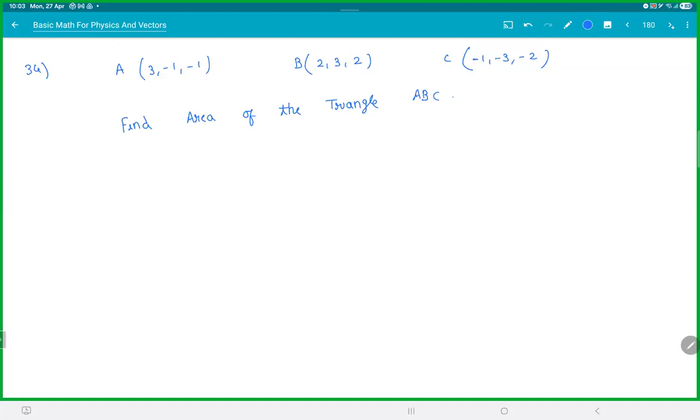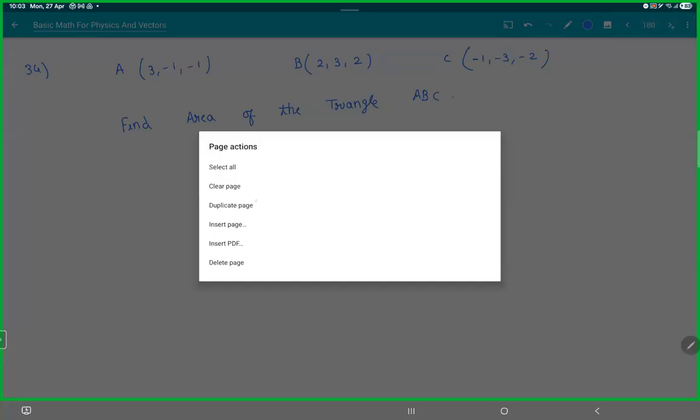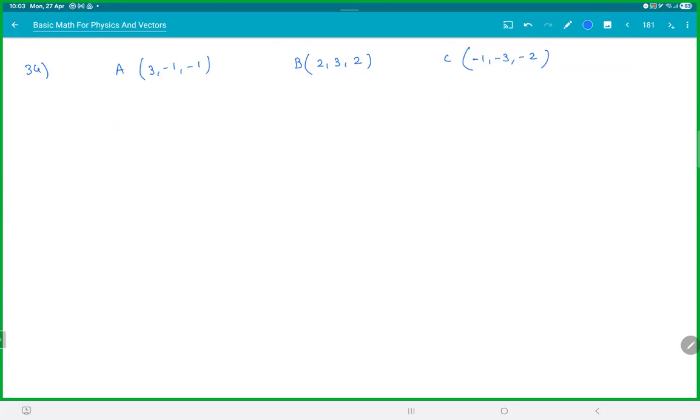Okay, listen, what is the catch? We have 3 points in space. Let's call this A, this B, and this C. And you're saying they're forming a triangle. Great. If I just join them, this triangle has two sides: this is AB bar and this is AC bar.